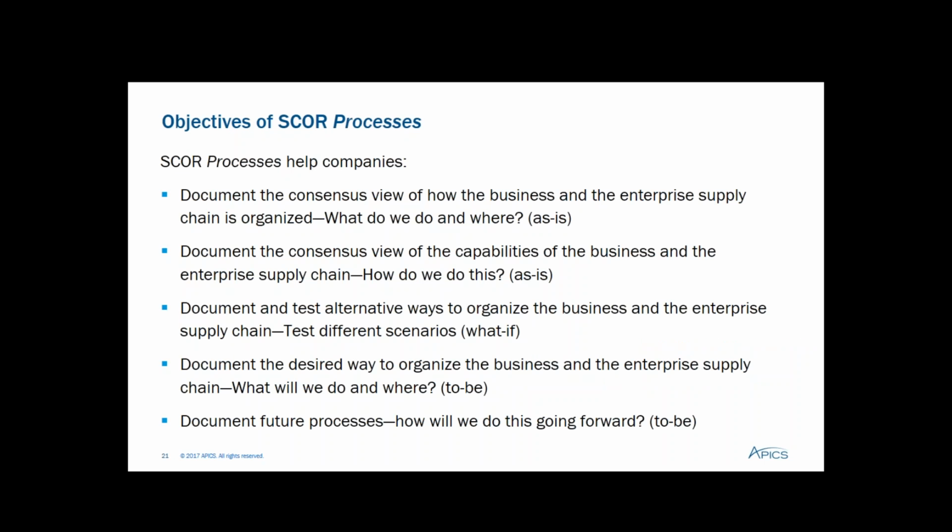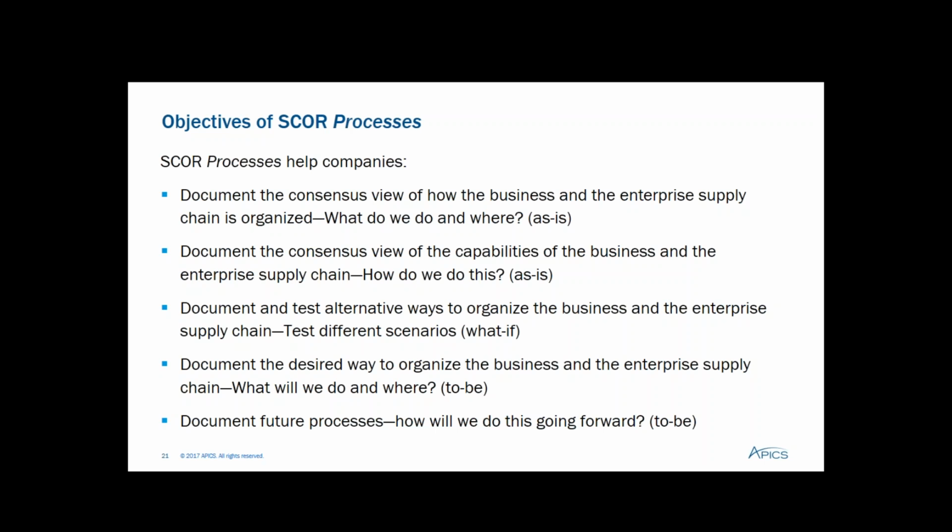SCOR processes are designed to assist companies in managing their supply chains. The overall strategic objective of the SCOR framework is to assist process improvement teams to first document the current business and supply chain environment, or the as-is state, and then to develop the future improved or to-be state.